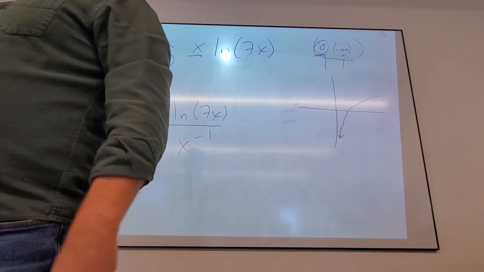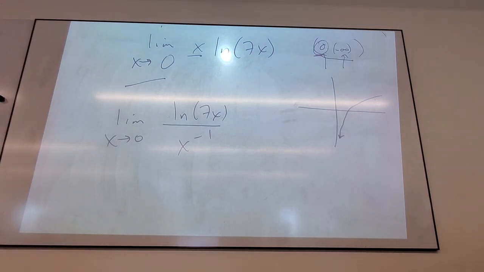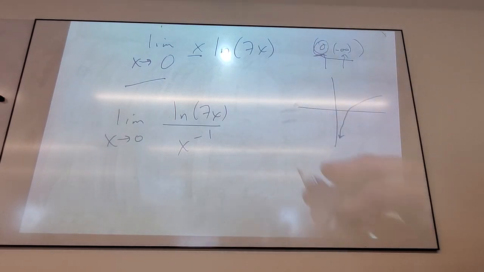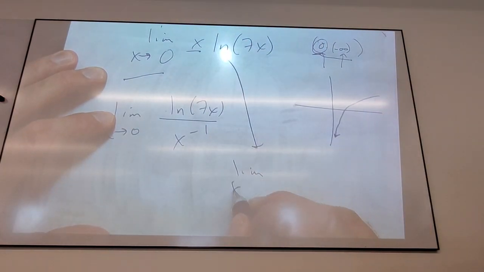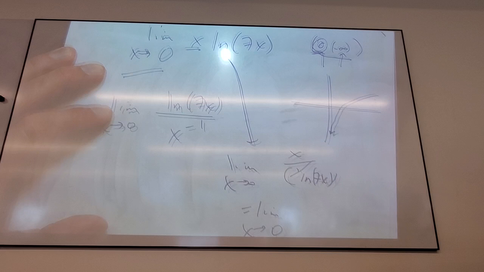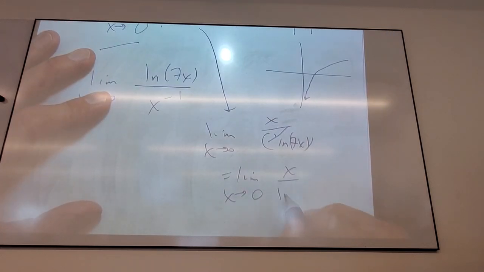Yes? You could put 1 over natural log. You could force the natural log to go down. So the other way to do this would be to do this, which you could also look at as that.